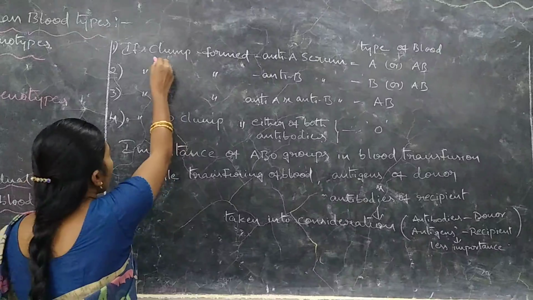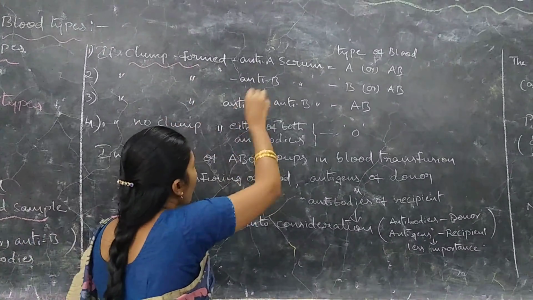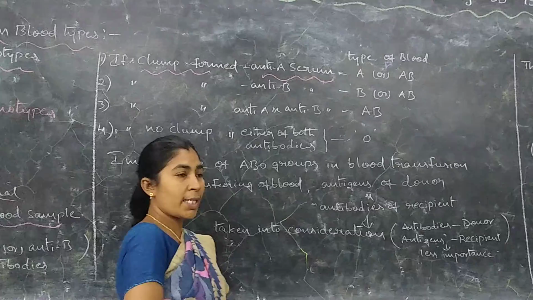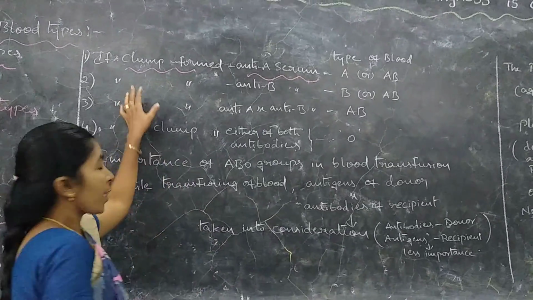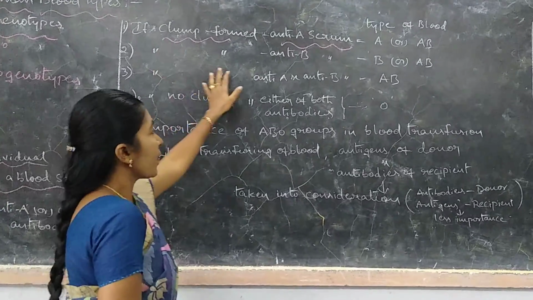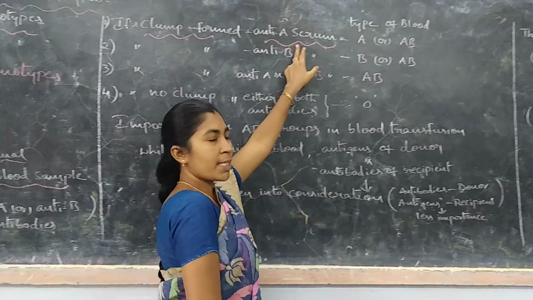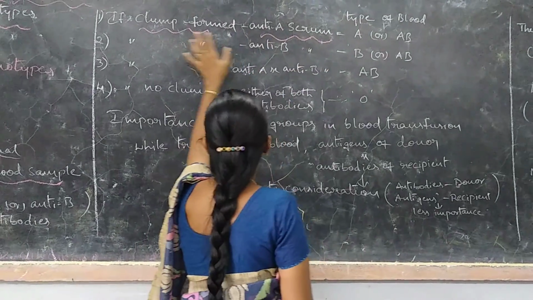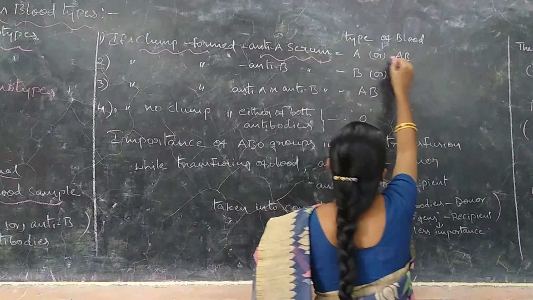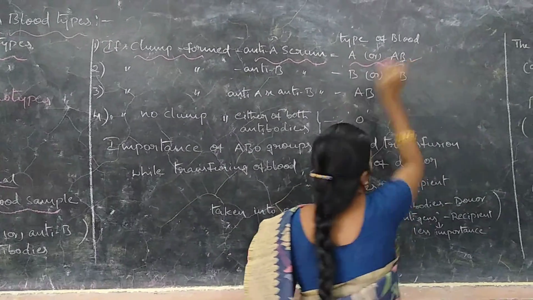If a clump is formed with anti-A serum, that means when we take one person's blood and mix it with the anti-A serum and observe a clump, that indicates A or AB blood type.